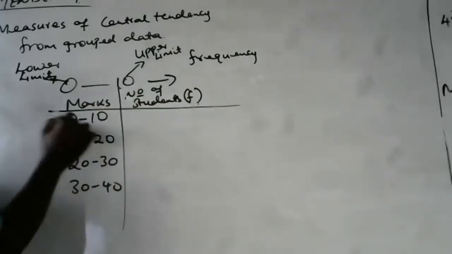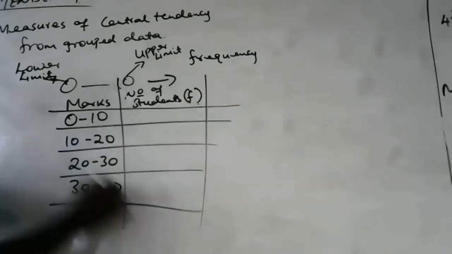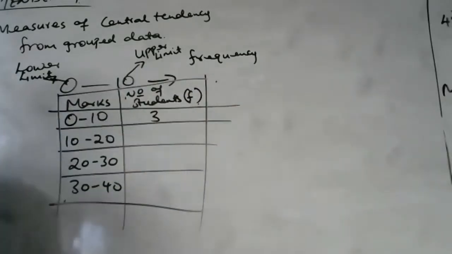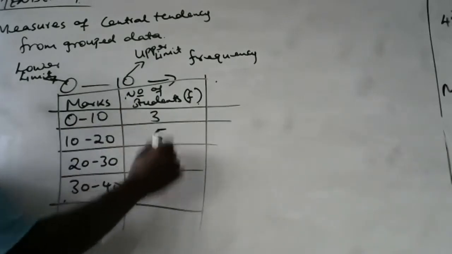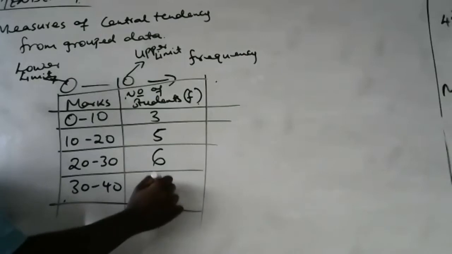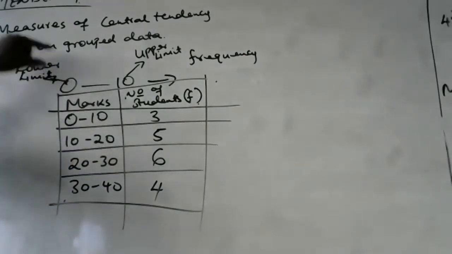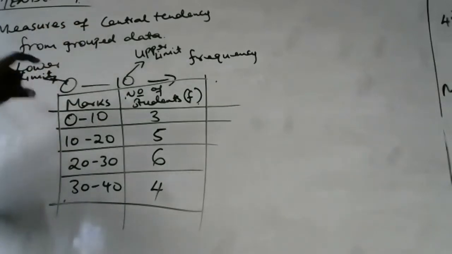You are given that those who scored between 0 and 10 were 3, those who scored between 10 and 20 were maybe 5, this one 6, and maybe this one 4. This kind of data is said to be grouped.